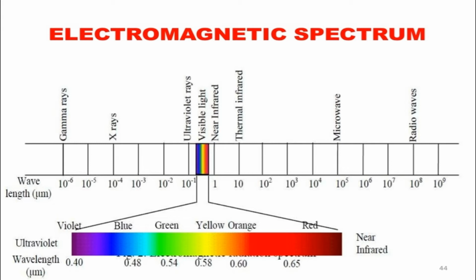All the wavelengths have a different electromagnetic spectrum, and some wavelengths have different colors that can be seen by our natural human eyes.